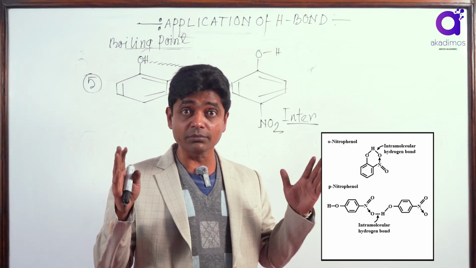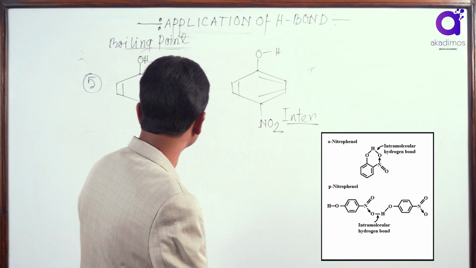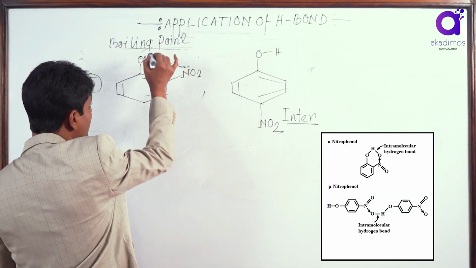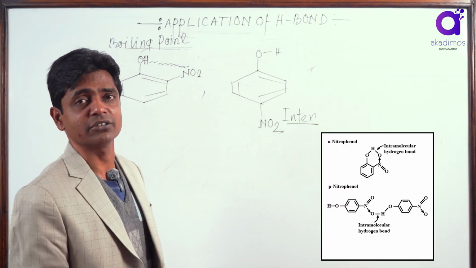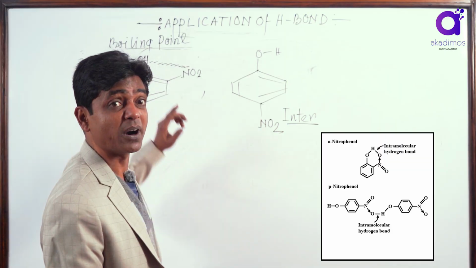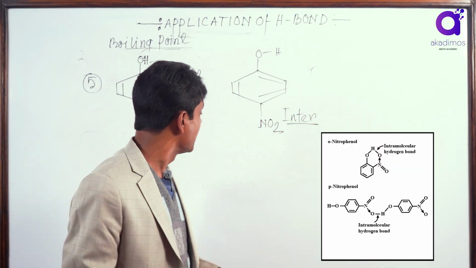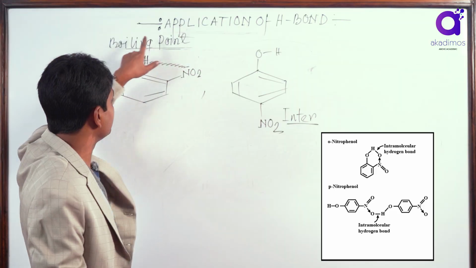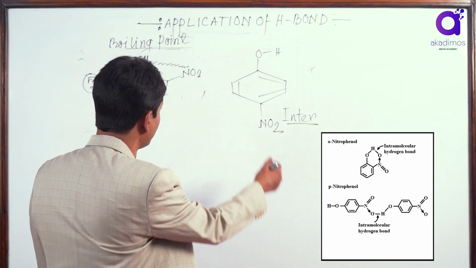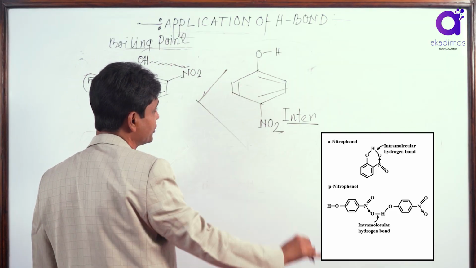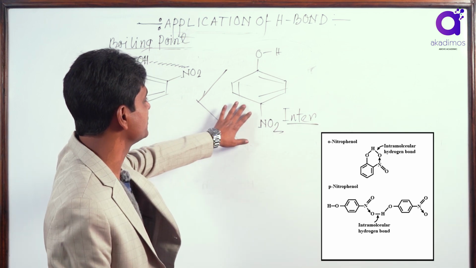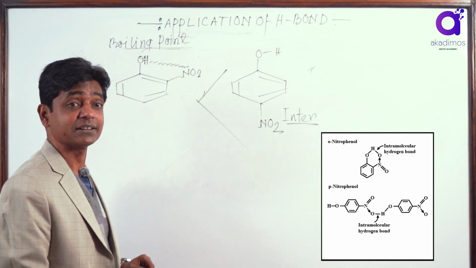That is intermolecular hydrogen bond. But here H of OH is involved in intramolecular hydrogen bond, so it will not participate in association. The molecule is isolated and its stability increases, but the boiling point increases due to intermolecular hydrogen bond. Boiling point of para is greater than ortho.